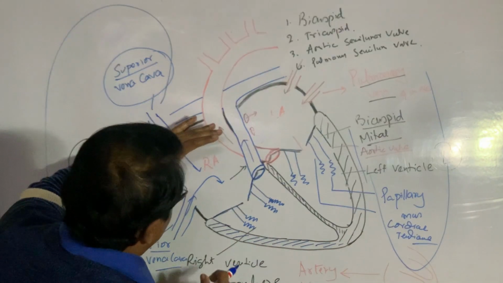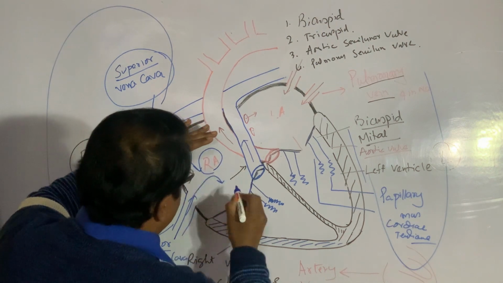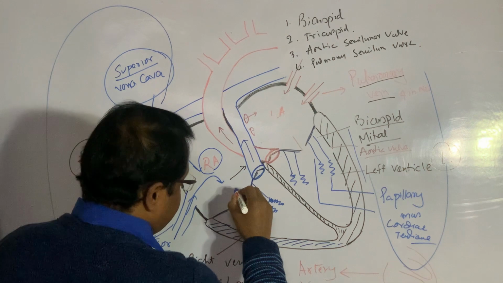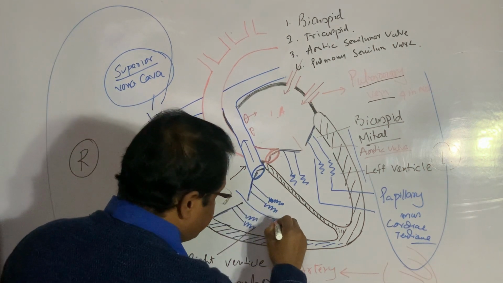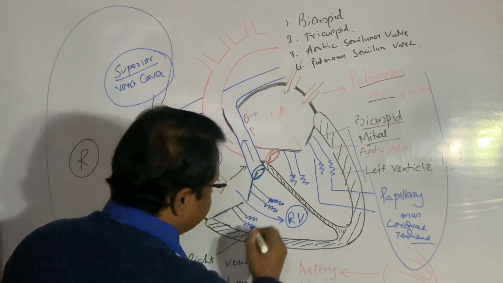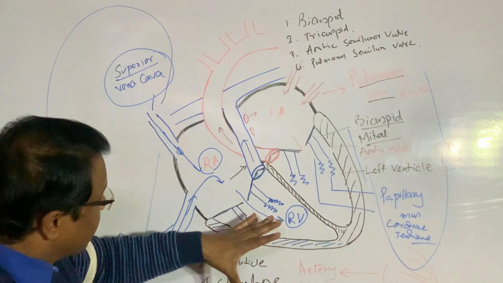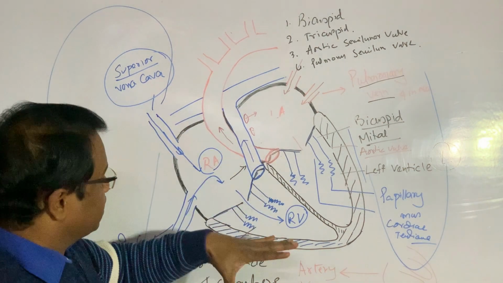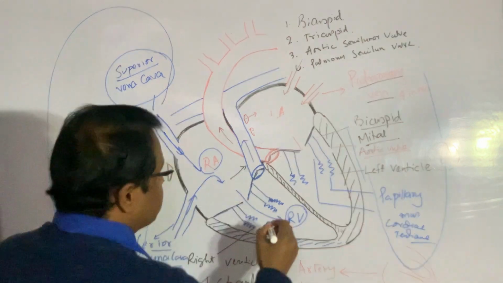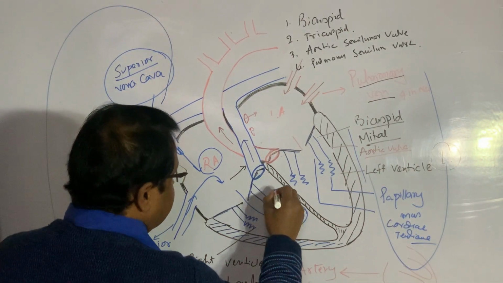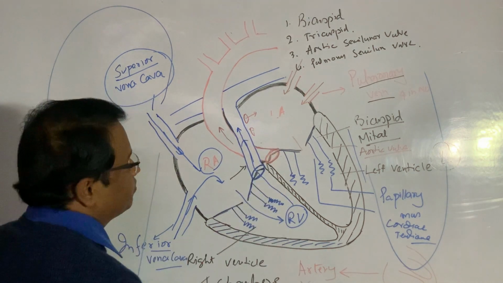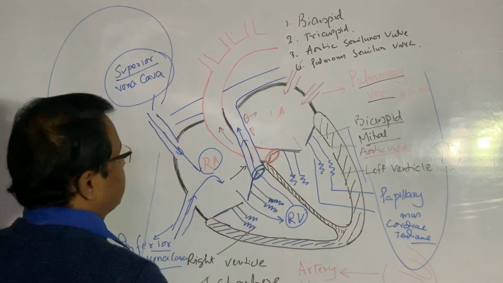After filling up, the right atrium starts contracting. When the right atrium contracts, blood goes into the right ventricle. When the right ventricle is filled with blood, it starts contracting, and blood is ejected through the pulmonary artery.